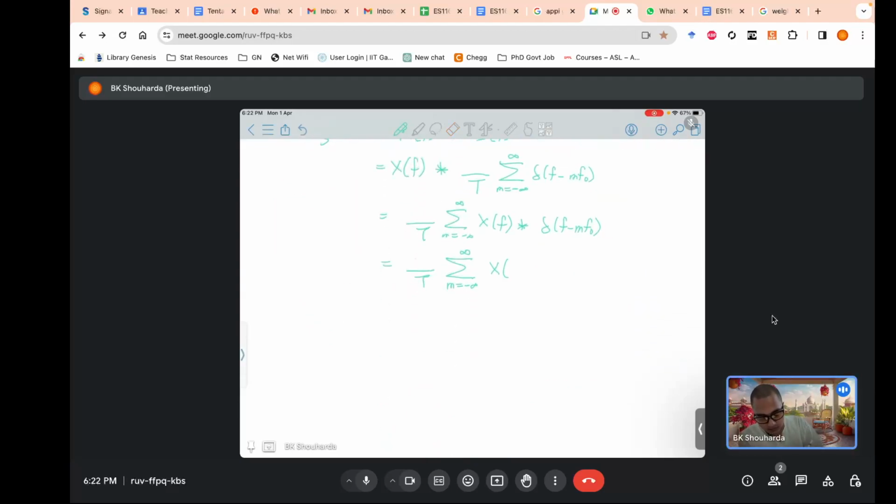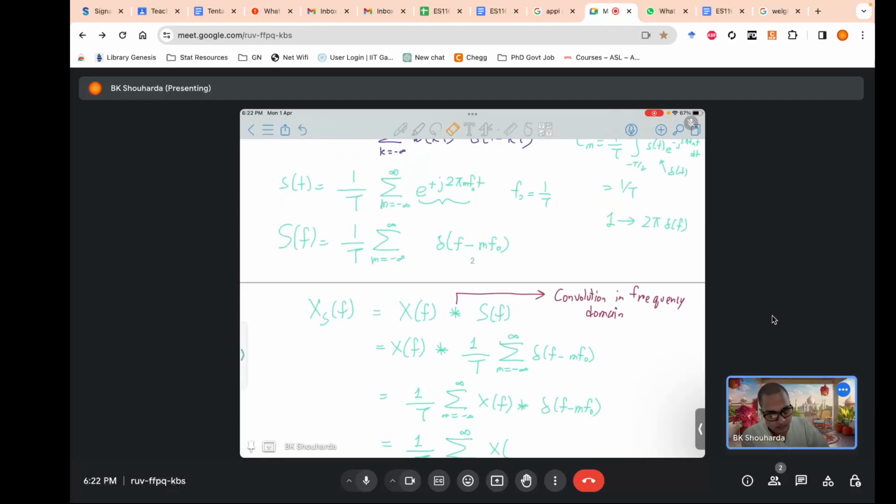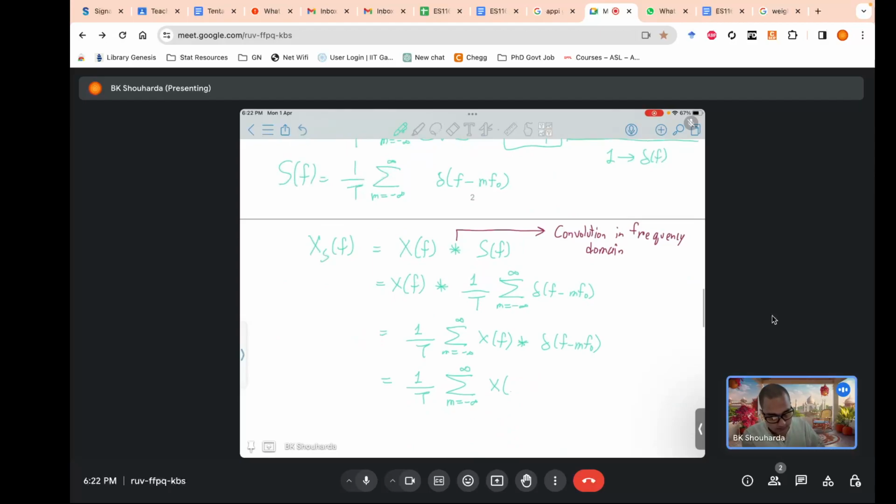It will actually be 1. So it will be x of f minus the shifted position m f naught.